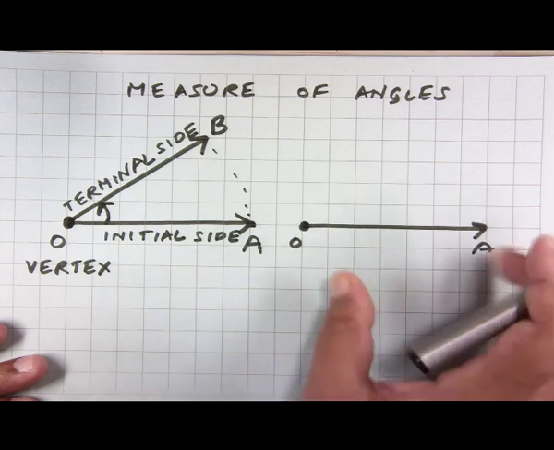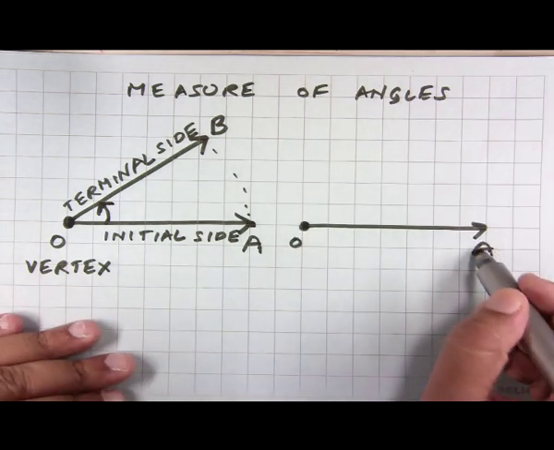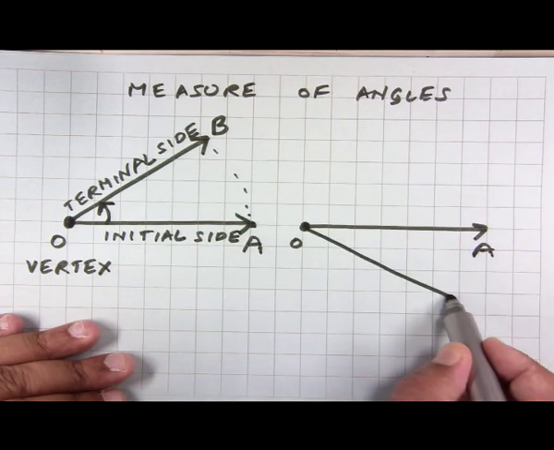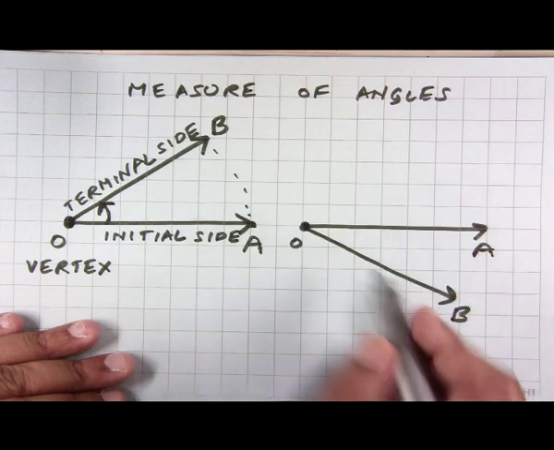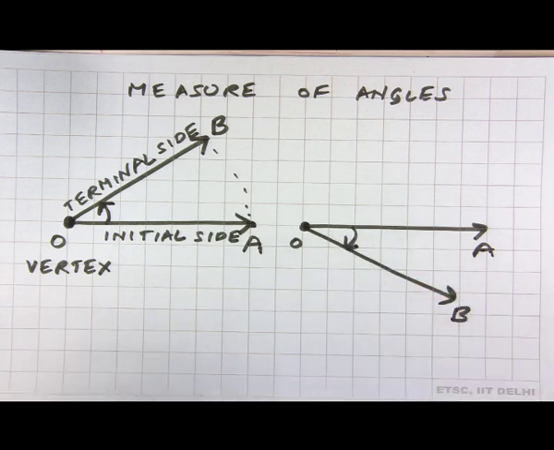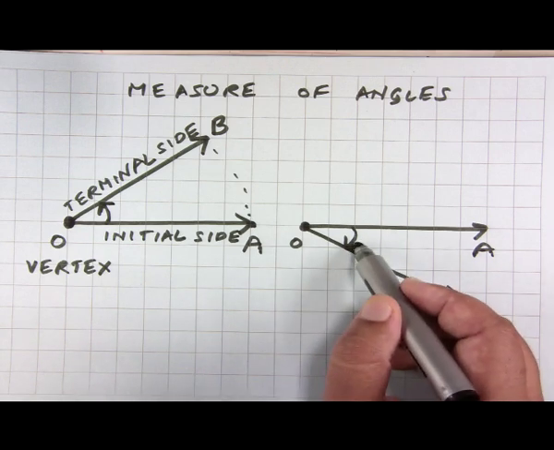Now, instead of rotating this OA anti-clockwise, if we rotate it clockwise, so let us say we go from here to here. So, this is the initial side, this is the terminal side. We are rotating it now clockwise. In that case the convention usually is that this angle will be negative.